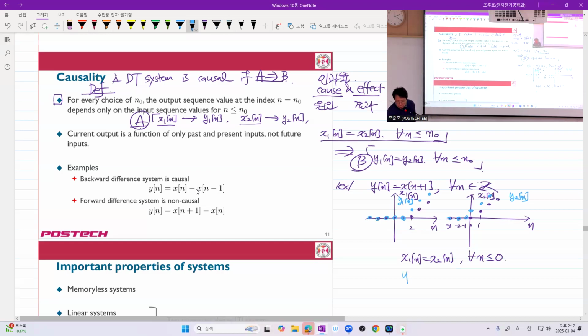You can see that at n0, which is 0, they are different. You may say it's obvious because the current output at time n is the future input at n plus 1, so this system is not causal.